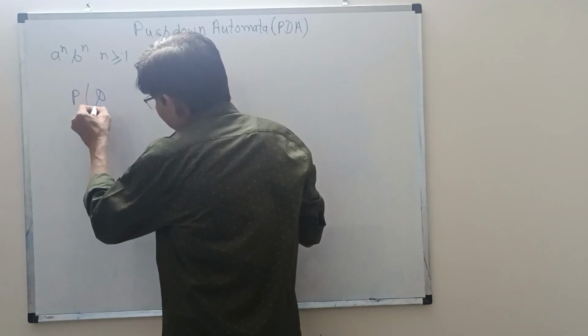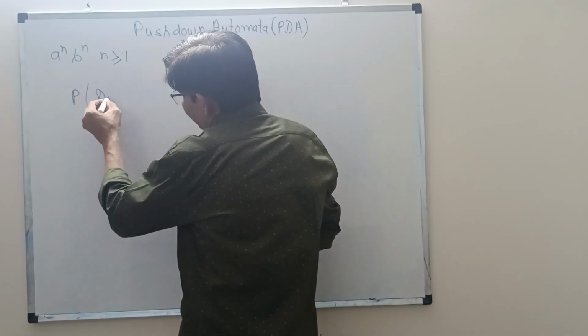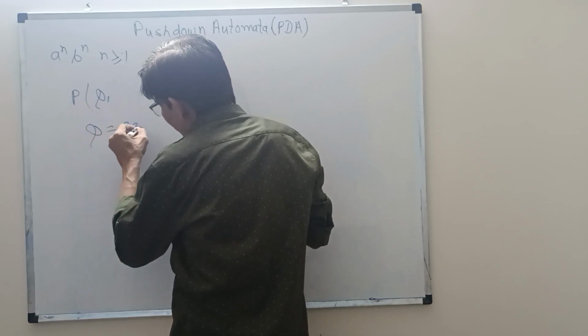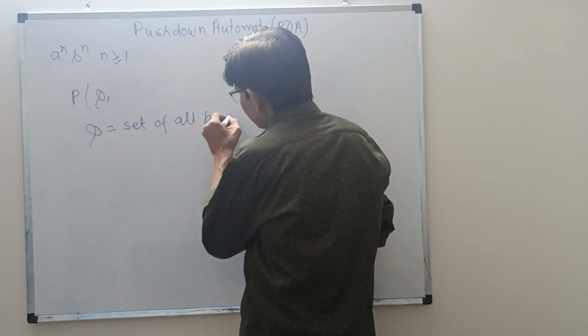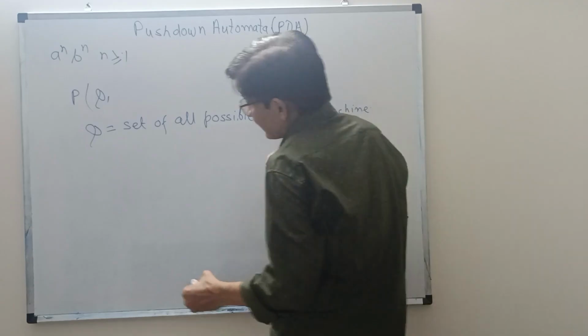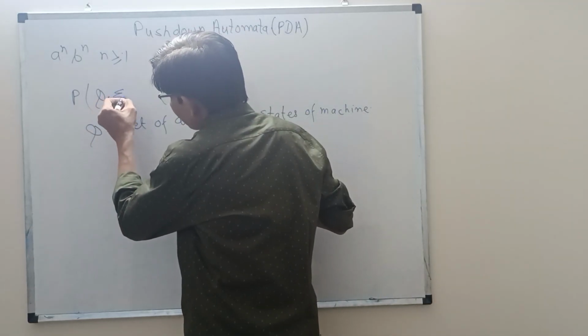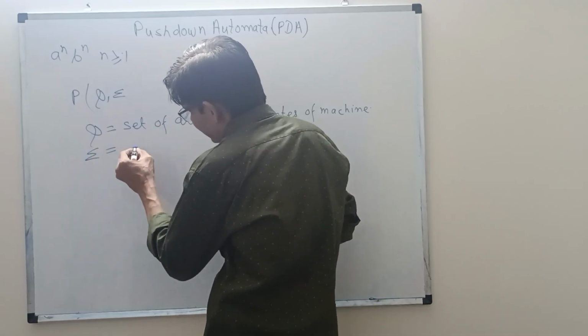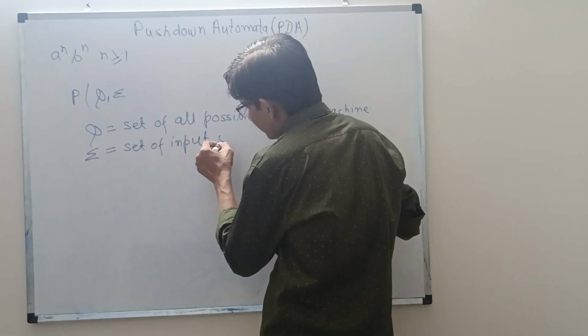First is capital Q, the set of all possible states of the machine. Then next is sigma. Sigma is the same as in finite automata, the set of input symbols.